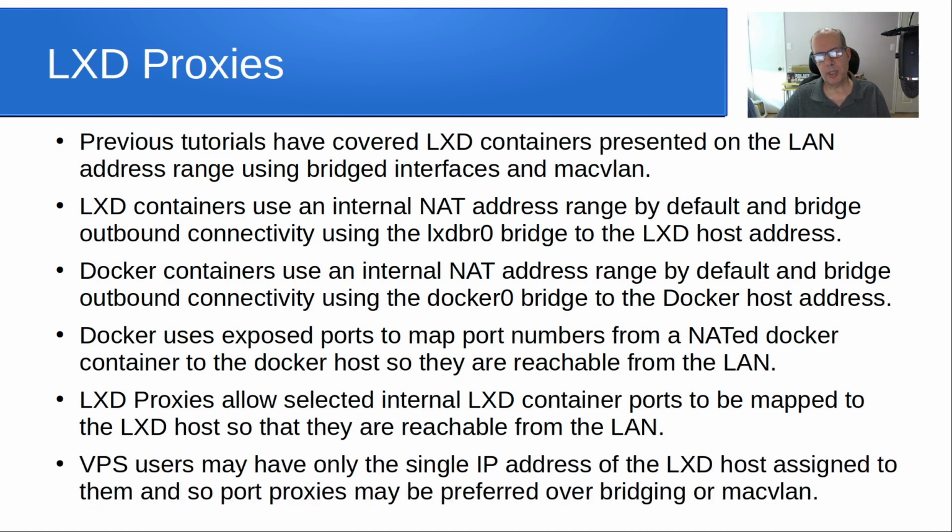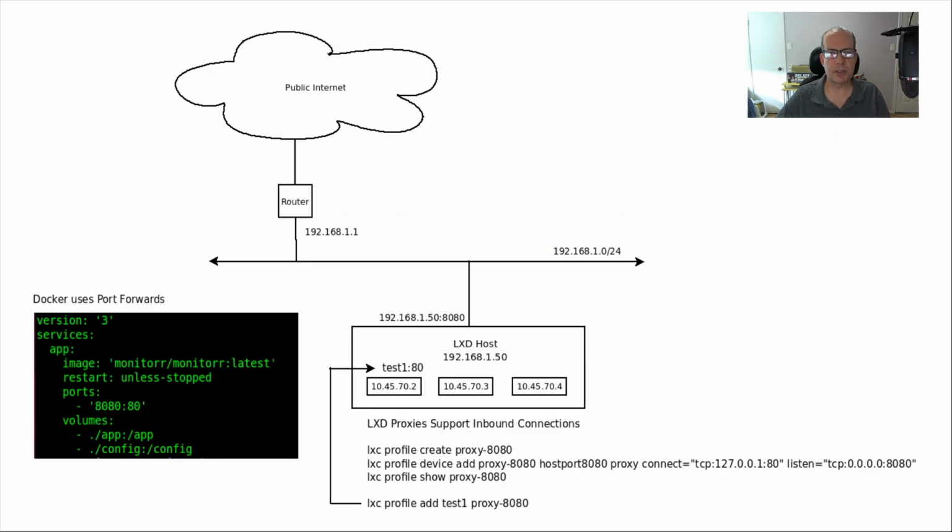And then also, virtual private server users, VPS users, may only have a single address of their LXD host that they establish, which might be a VM or some other structure assigned to them, so that port proxies may be preferred over either using bridging or macvlan, which would require additional TCP/IP addresses.